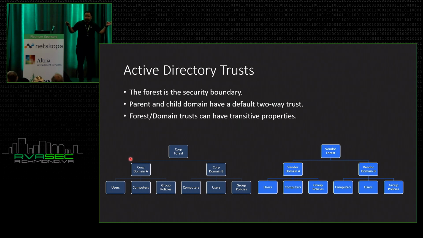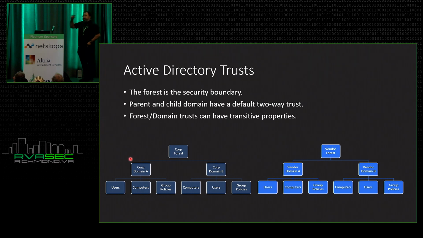Because that trust that occurs by default in the same forest and that occurs between different forests based on how you do it, in the end, there is a trust key stored in the NTDS file on the domain controller. So if I obtain domain admin, I can get that trust key and I can then forge my own Kerberos tickets.